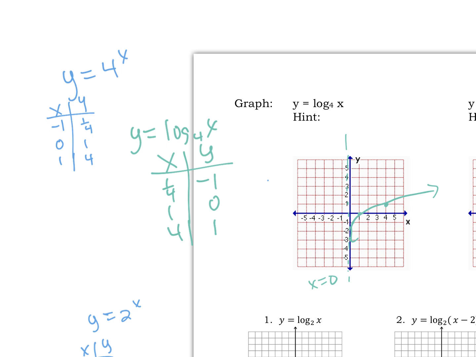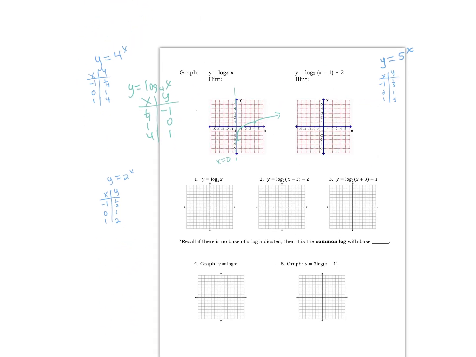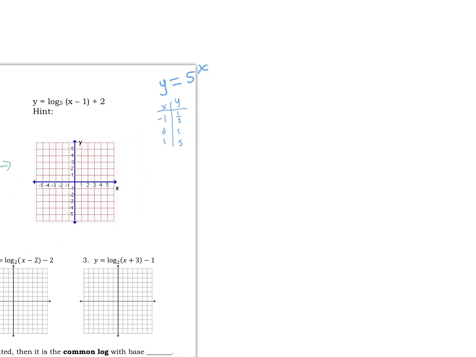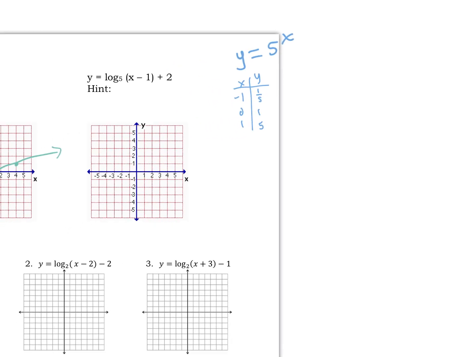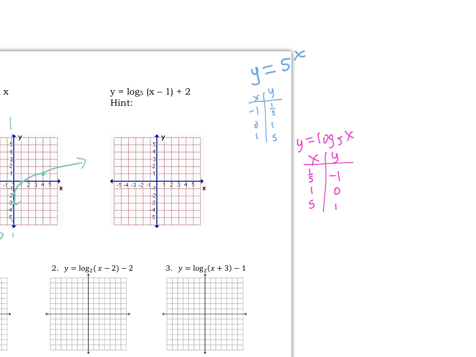All right, I'm going to ask you guys to do one of those. I've got my table there for y equals 5 to the x. So to get the table for y equals log base 5 of x, I'm switching my x and y. But I've got some other stuff going on here also. So, Gwyneth, what is that telling us we're going to do for shifts?